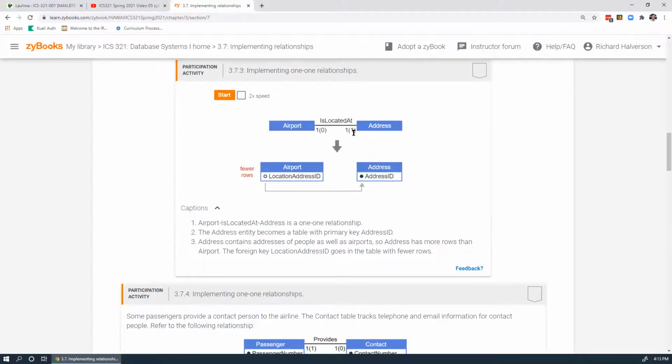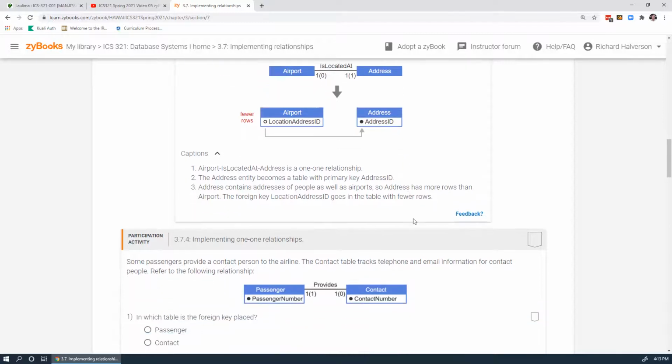But every airport has an address, but not every address has an airport. So you would probably have the address ID in the airport record, because obviously you do that.